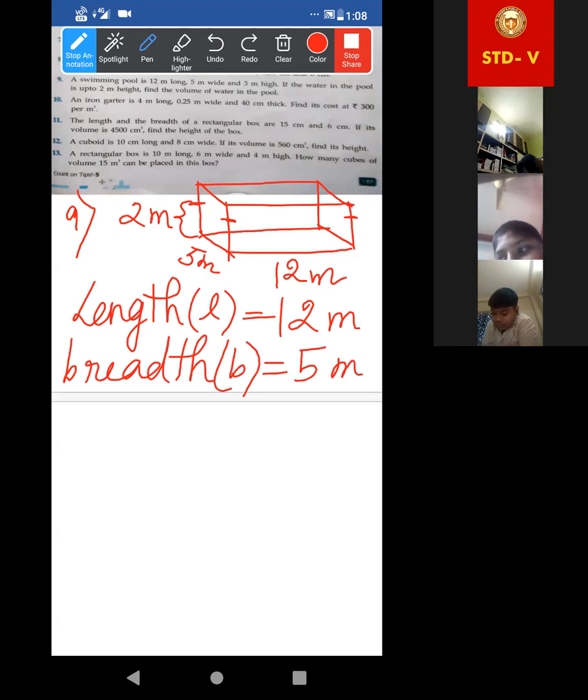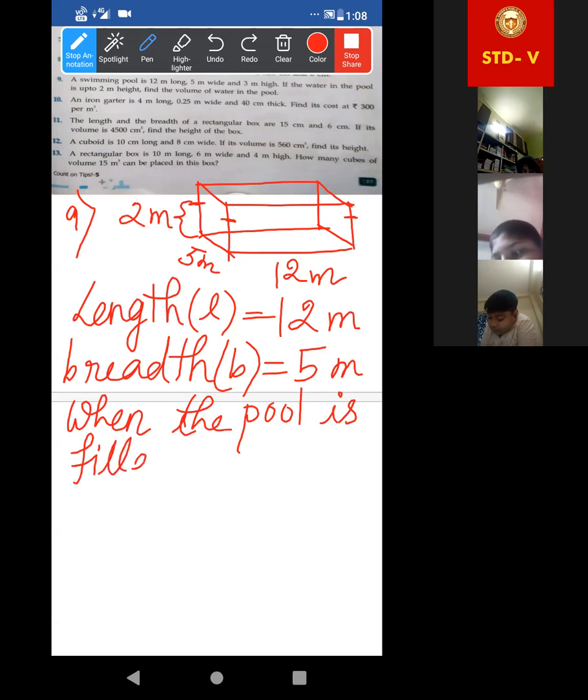In place of height, what will you write? When the pool is filled with water, its height.